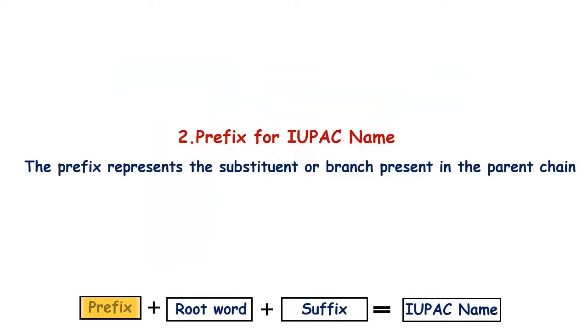Prefix. The prefix represents the substituent or branch present in the parent chain. Atoms or groups of atoms other than hydrogen attached to the carbon of the parent chain are called substituents.